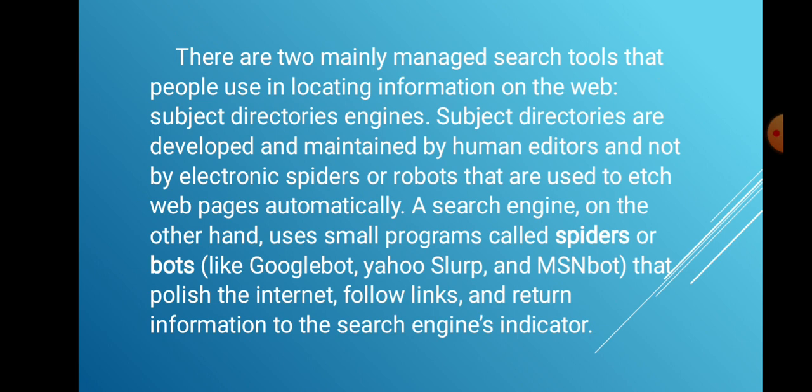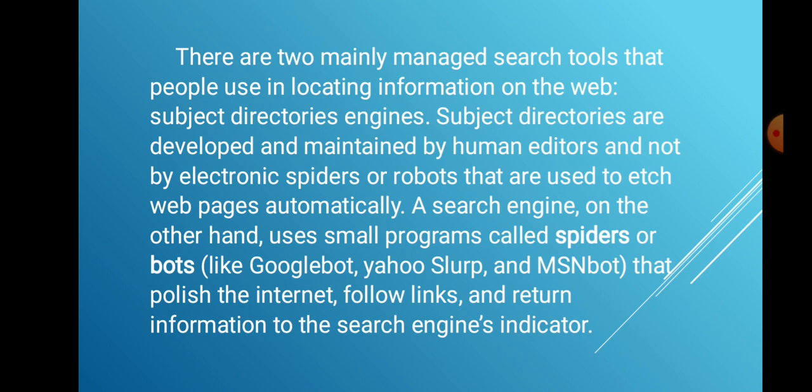There are two main search tools that people use in locating information on the web. Subject directories are developed and maintained by human editors and not by electronic spiders or robots that are used to collect web pages automatically.